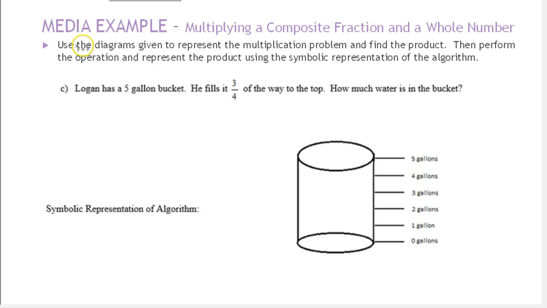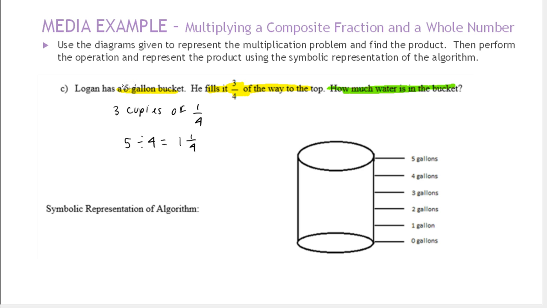So now Logan has his 5-gallon bucket, but it's 3/4 of the way to the top filled. How much water is in the bucket? So 3/4 is 3 copies of 1/4. So we're going to divide the 5 into groups of 4, and we said that that was 1 1/4.